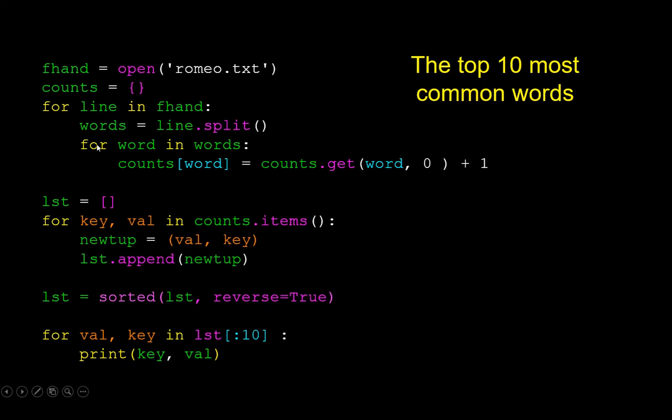For each word in the words variable, we're going to count that word. This is the key part of the dictionary, and this is the value of the dictionary. So this would count the words and assign it to the key that we have here.